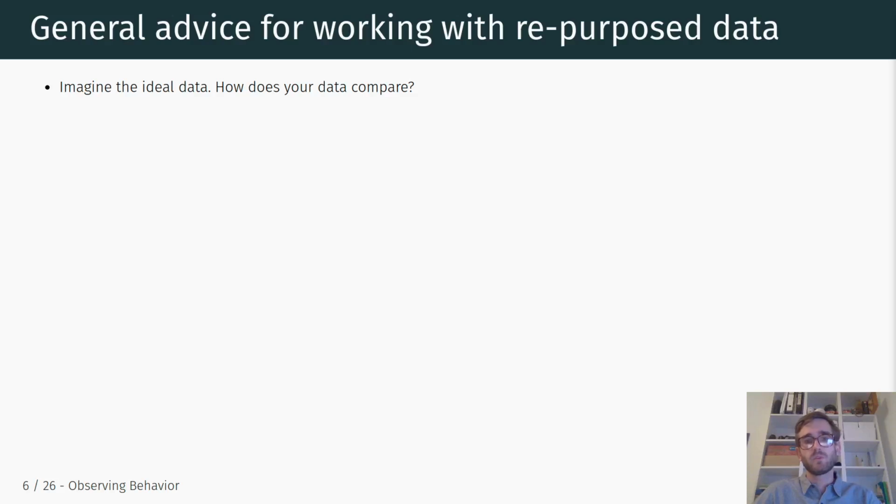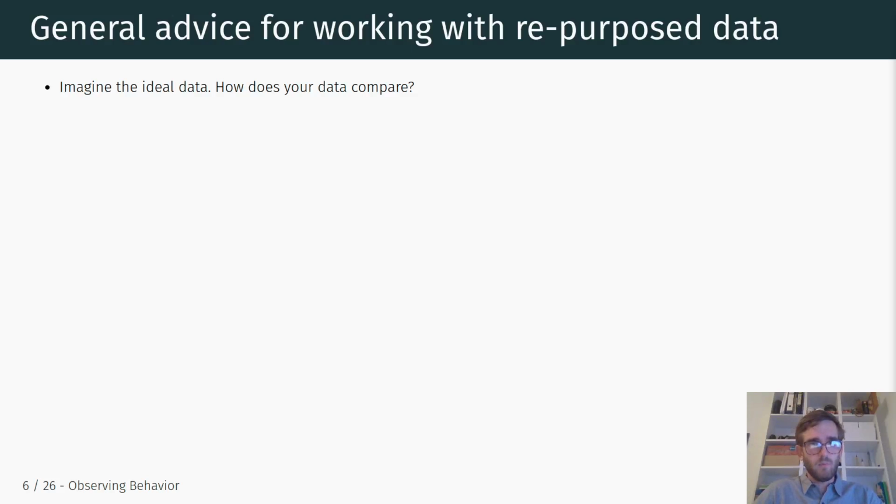So if you were in the position to collect the perfect data set to answer your question, how exactly would that data set be structured? What types of observations, variables, units of analysis would you have in this data set? And then think about how the data that you have available compare to this ideal data.